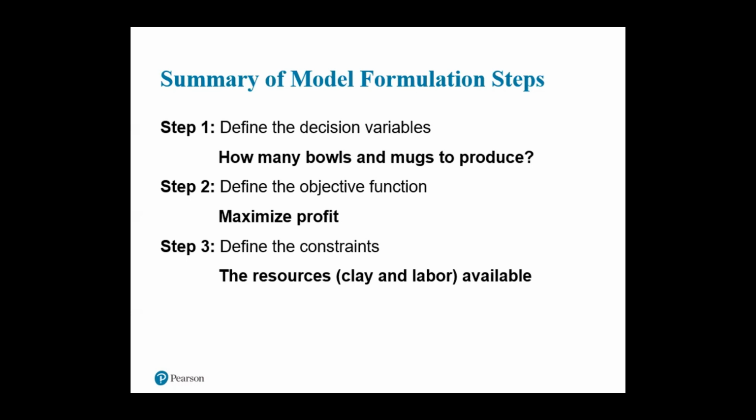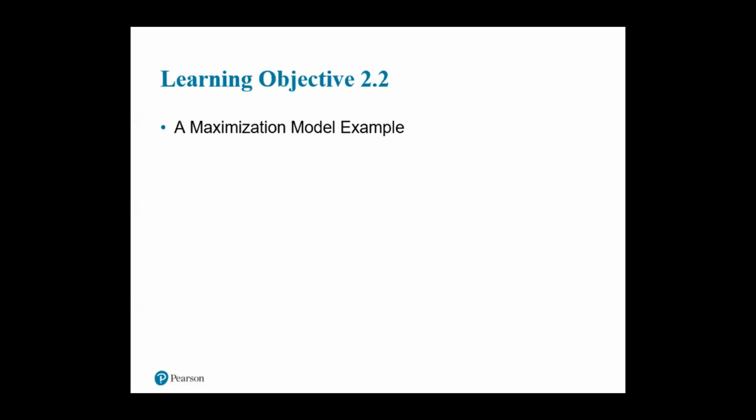Then you define the constraints. The constraints are that there are resources available, and these resources are clay and labor. But the firm has limits as to the quantity of clay and labor that it can command. Okay, so let's now look at any question before we look at a maximization model.